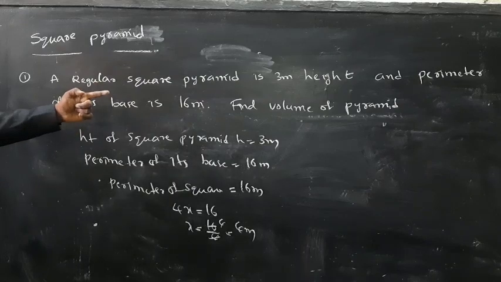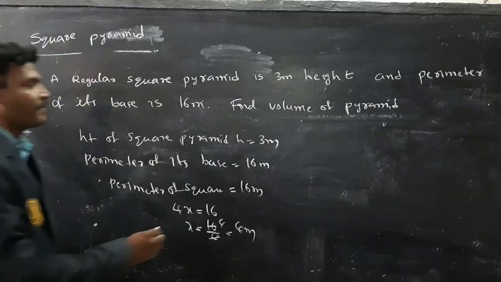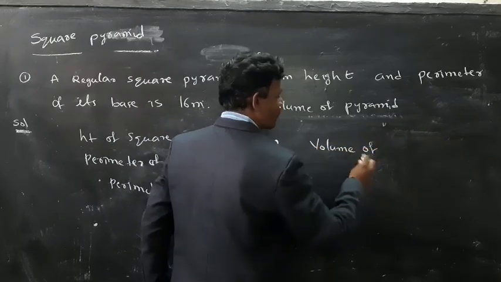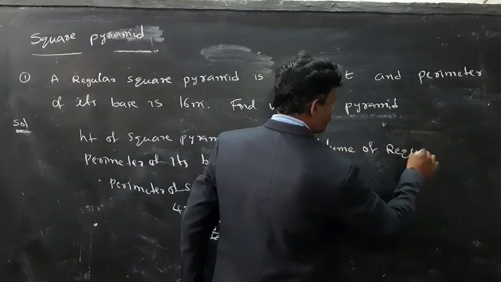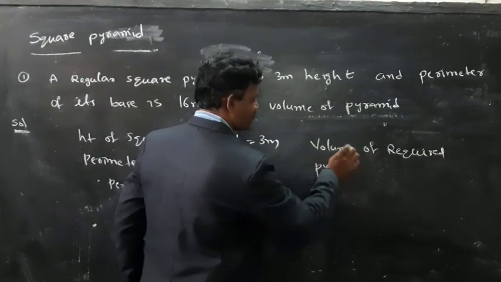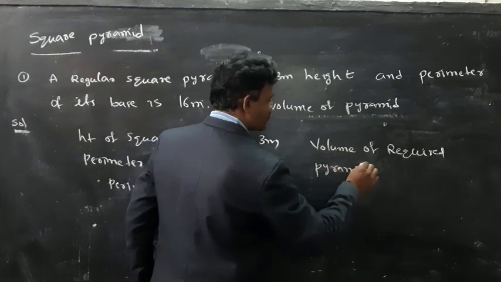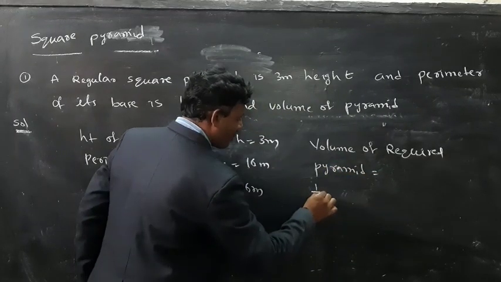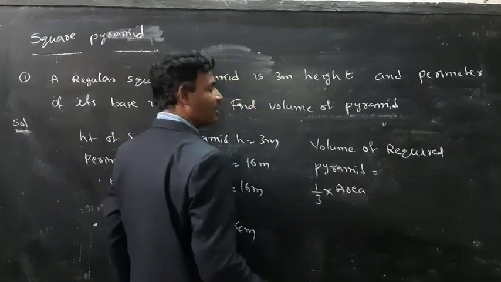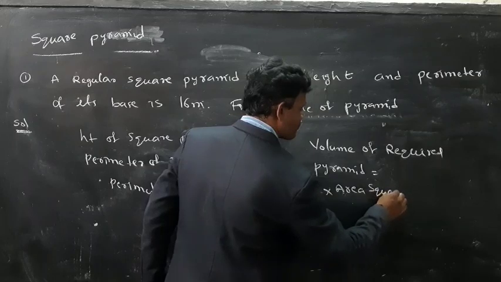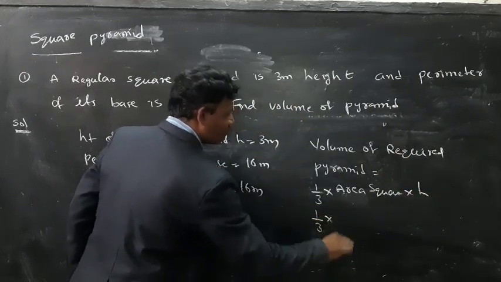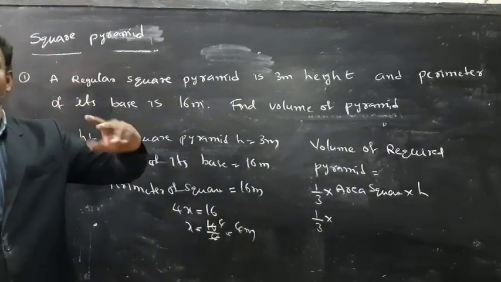Here, what do I need? I need the volume of the pyramid. What is the formula? 1 by 3 into the area of the base into height. The area of the base is nothing but the area of the square, which is side into side.